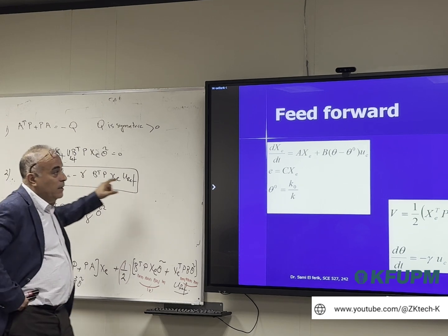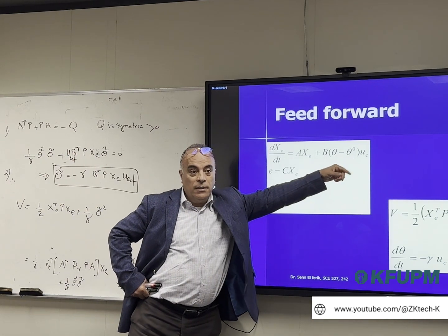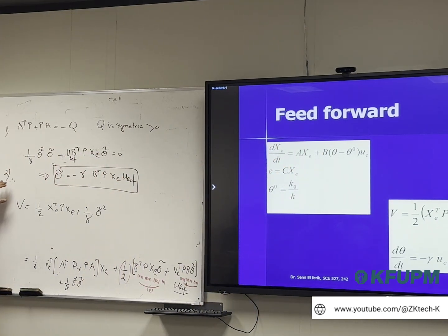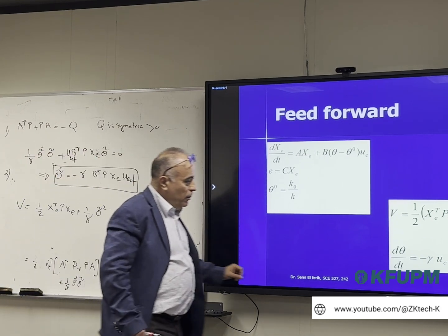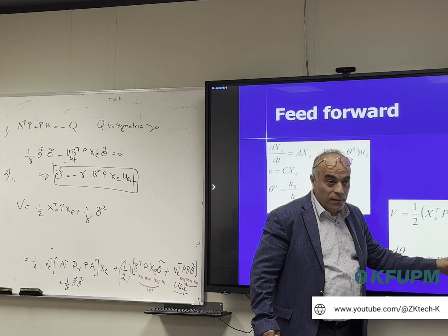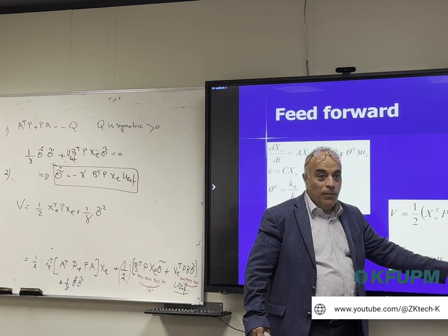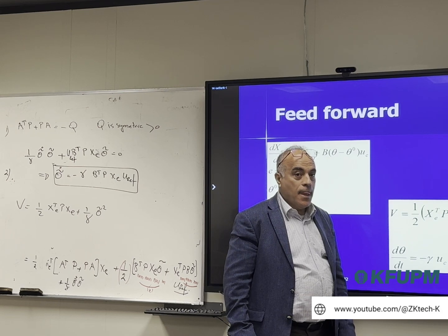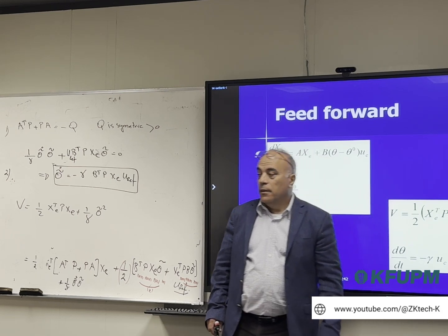Don't expect theta to converge to theta 0. It can converge anywhere, maybe closer to theta 0, maybe far, we don't know. The other thing is that the adaptation rule depends on the state. It does not depend on the output. You agree with this?